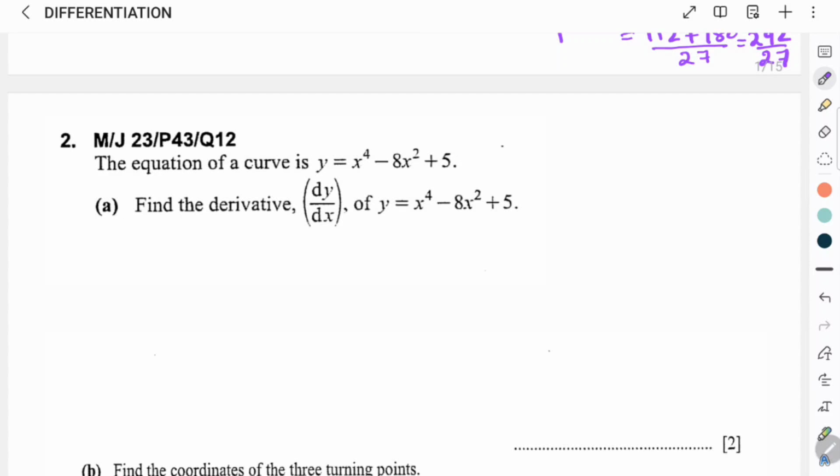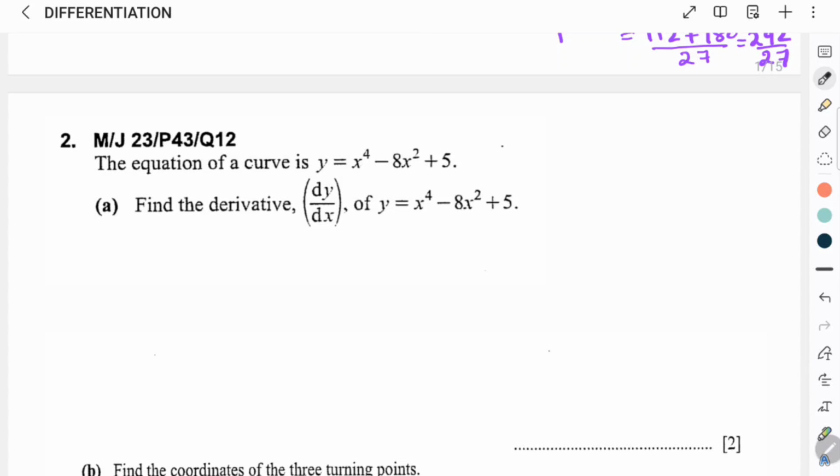Now this is the question in the 2022-23 paper 4-3, question 12. The equation of the curve is y equals x to the power 4 minus 8x squared plus 5. Find the derivative dy upon dx.